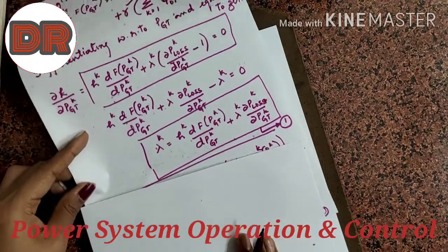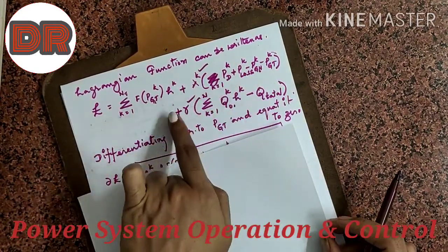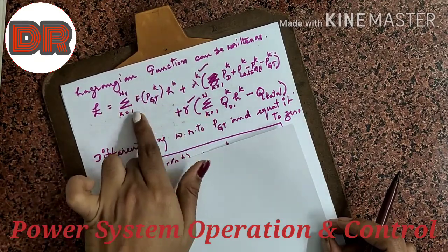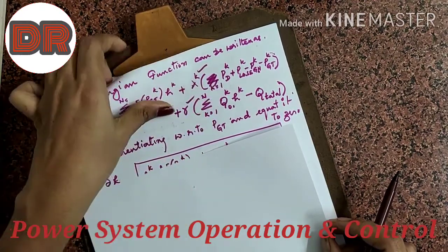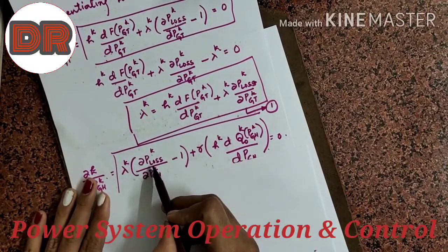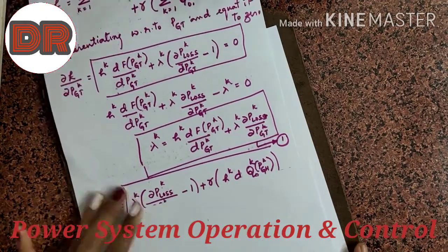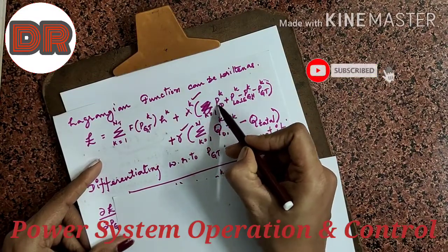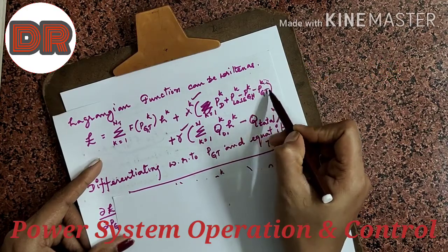The first term gives 0 because there are no PGH terms, so we differentiate only the remaining two. I get lambda k times the partial differentiation of P loss with respect to PGH minus 1, because the differentiation of PD and of PGT with respect to PGH is 0.